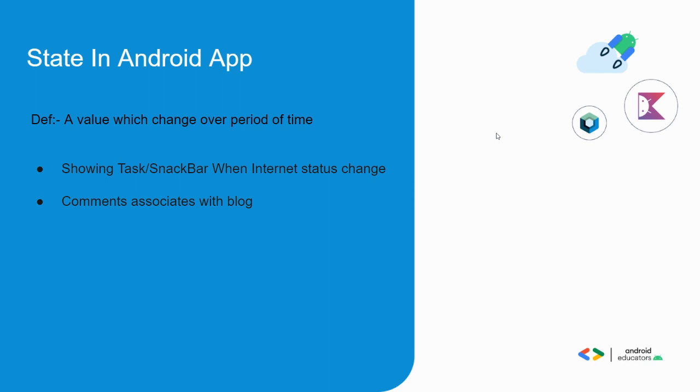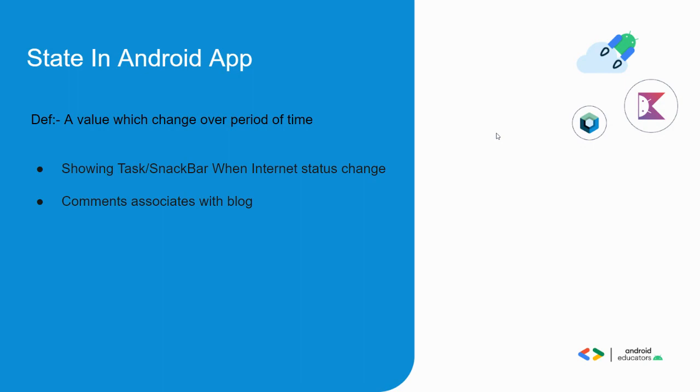Okay. So basically, state is any value that can change over a period of time, right? There are a lot of examples, but two that I found very friendly. One is showing a toast, or maybe a snack bar, when the internet status changes.